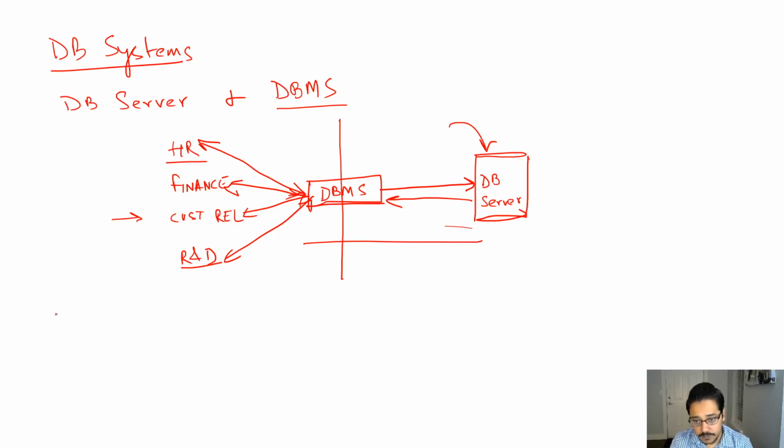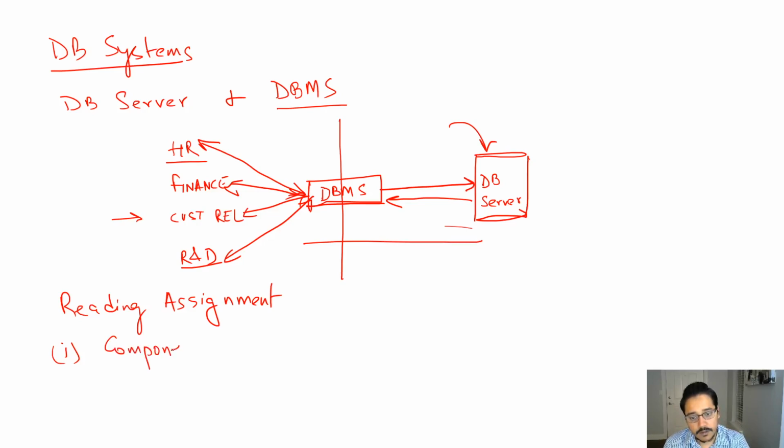So as far as your reading assignments are concerned, please, towards the end of chapter 1, read about the components of a database system, just a brief overview and its graphical representation.